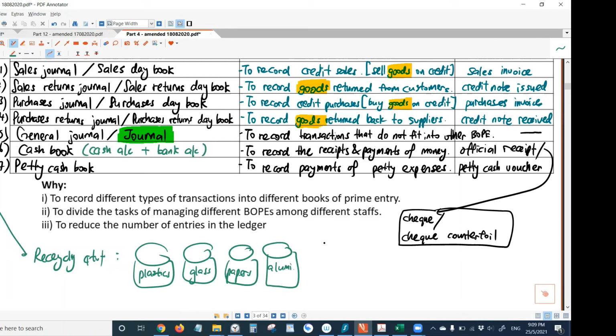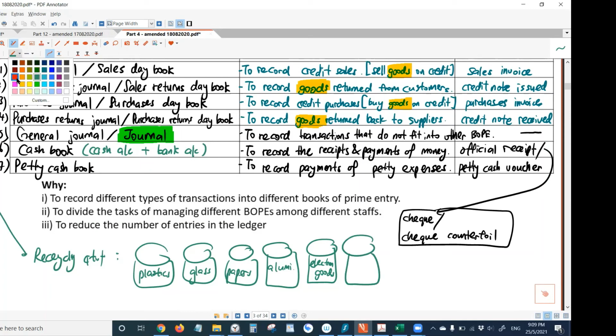And nowadays we have more advanced dustbin like electronic goods dustbin. For things that you can recycle, you put into these first 5 dustbins. And the last dustbin, you call it rubbish. Things that you cannot recycle, you put into the last dustbin, rubbish.